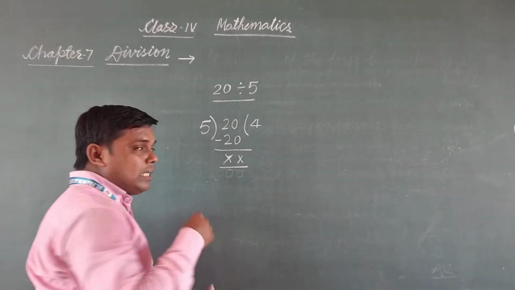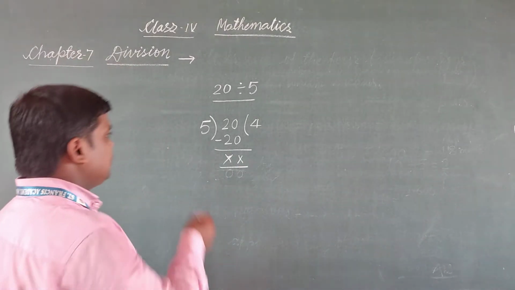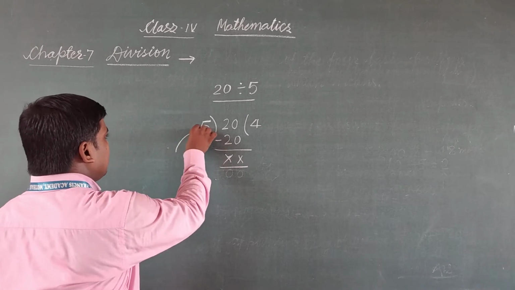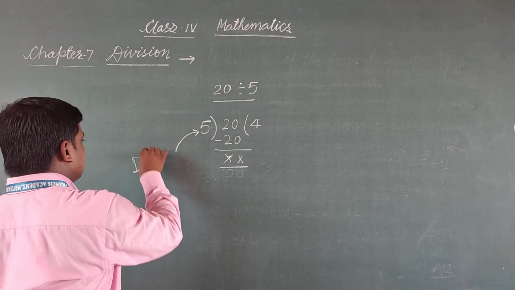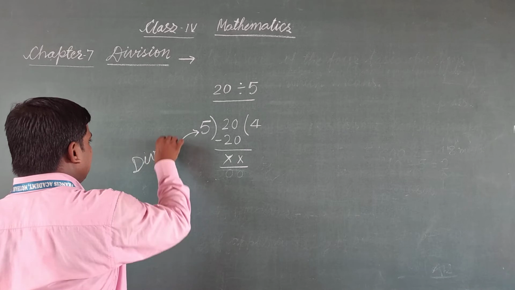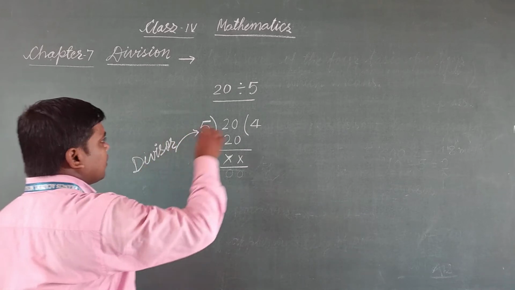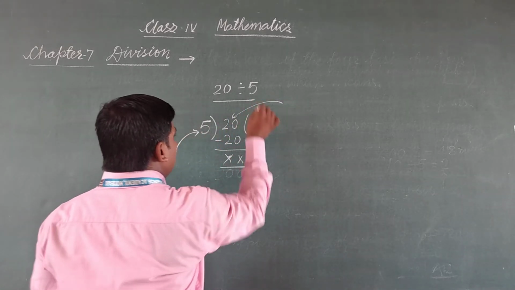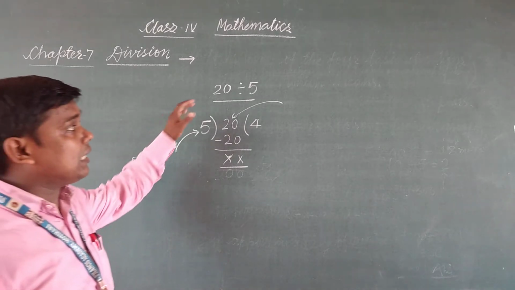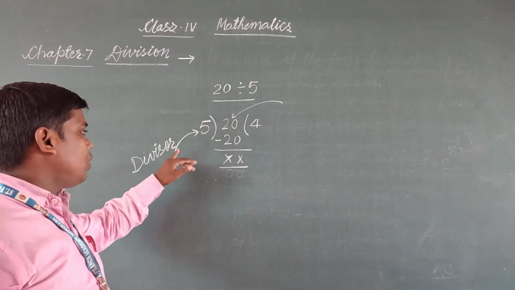Now, the different terms we use here. This is called the divisor. The number by which we are going to divide a number is called the divisor.